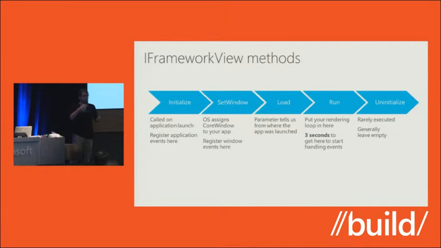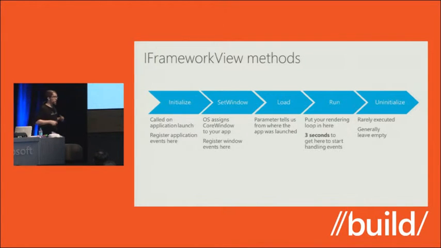Then you get your core window in the SetWindow method. And then beyond that, the Load method is where, say, you're writing a Twitter application, and you want your application to be shared from another app. Load is the method that will tell you the parameter from where your app was launched.